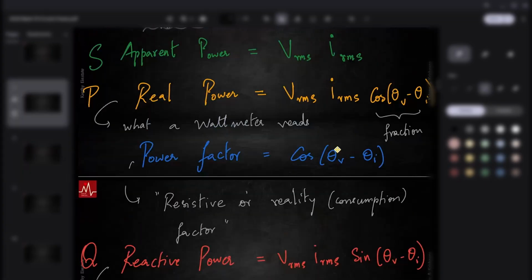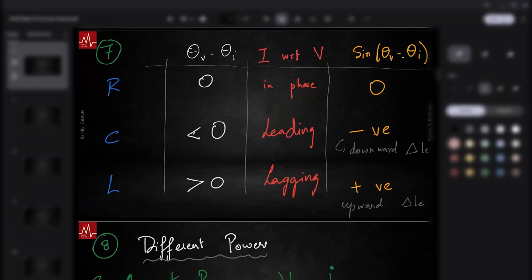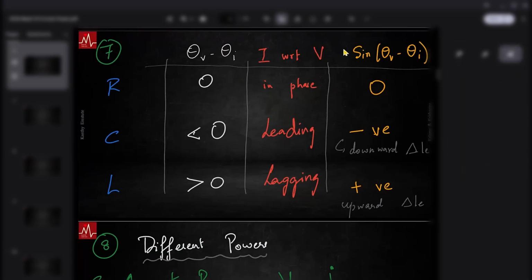So the question boils down to what is theta V minus theta I. So you can look at the reactive part. You can look at the height. You can get what the height is from the sine term. So theta V minus theta I is minus 90 degree.